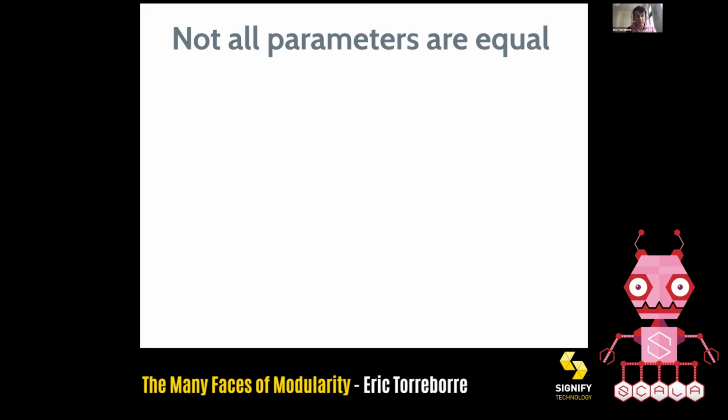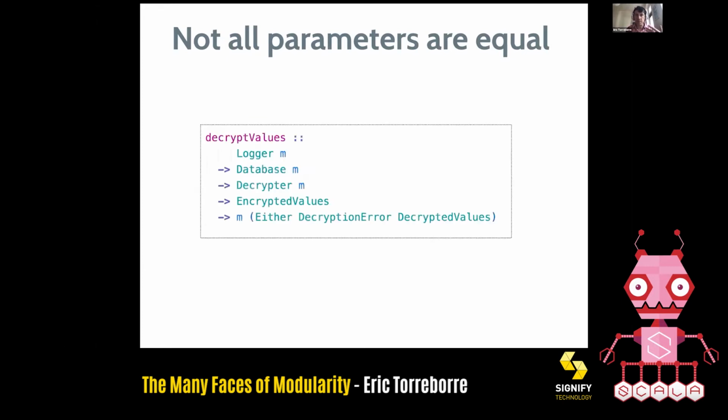The other thing that you find in some functional programs is some functions like this. So you say, okay, I need to decrypt some values. And in order to do this, I'm going to log some stuff because I'm doing some important stuff and I want to make sure what I'm doing is logged somewhere. And also maybe the decryption is kind of hard and it takes some time.